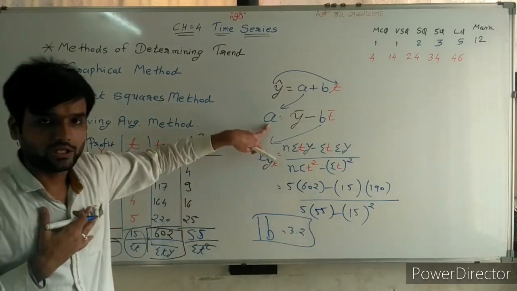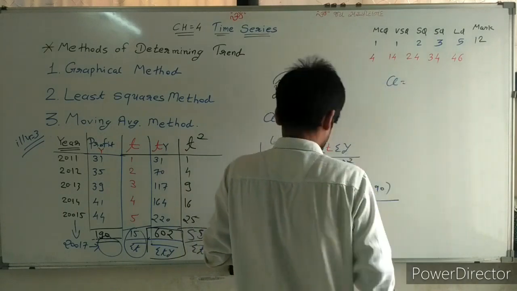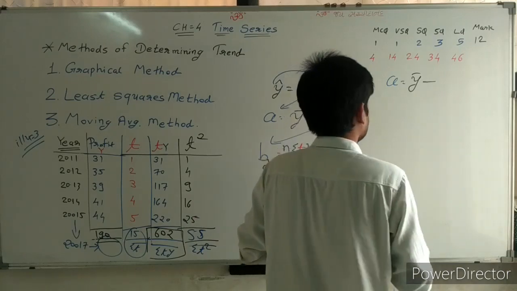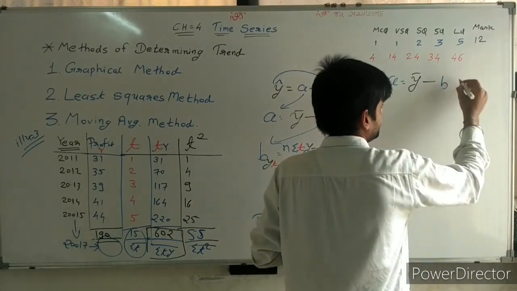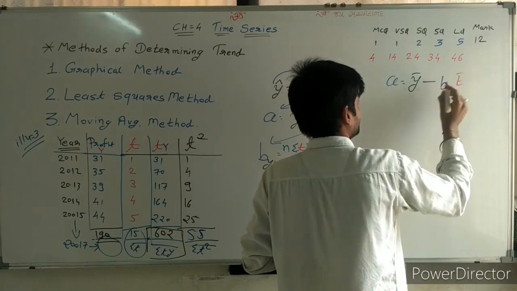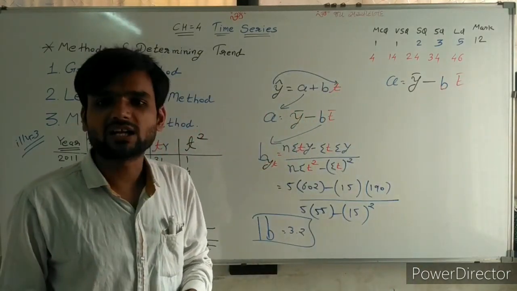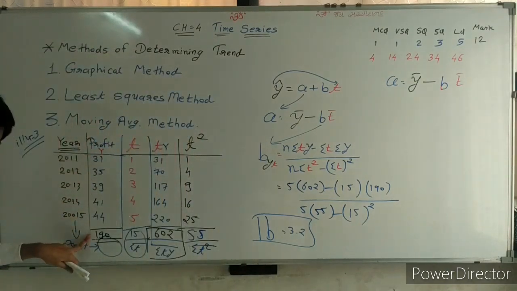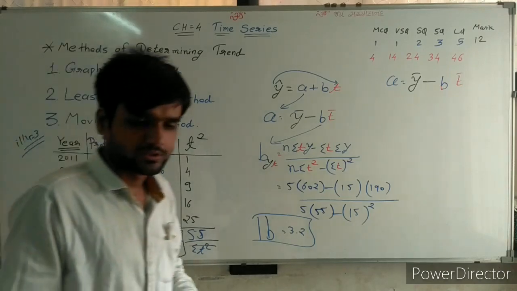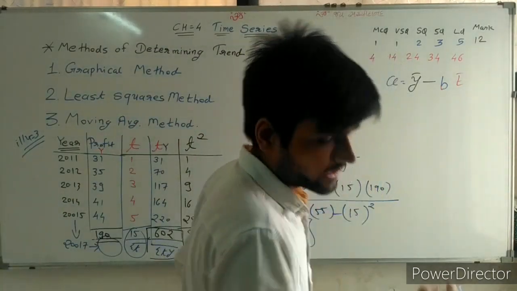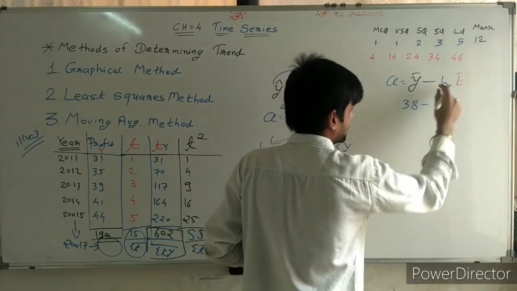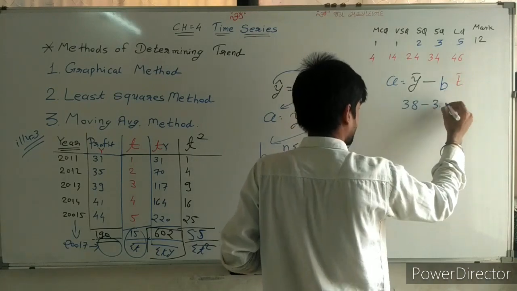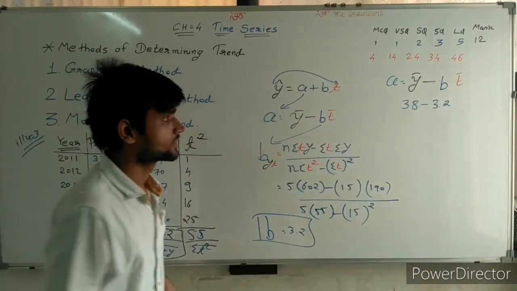Now, sir, what do we need? A. So write down A is equal to y bar minus b t bar. Sir, y bar is what? That we know. Sigma y 190 divided by 5. That is my y bar. So y bar is 38. B we have found here, 3.2 t bar.